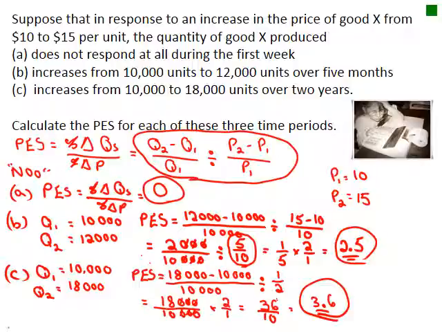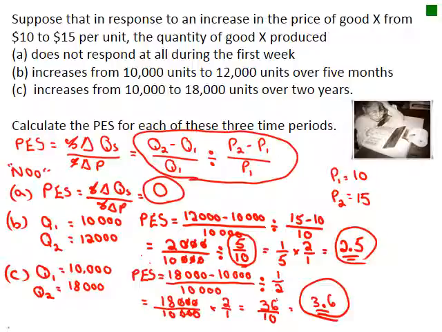So let's look at number A. It does not respond at all in the first week. So in the case of the PES, equals percentage change in quantity supplied over percentage change in price, and if it doesn't change, then the numerator must be 0. So we won't even bother estimating the percentage change in price, because we know the answer is going to be 0.